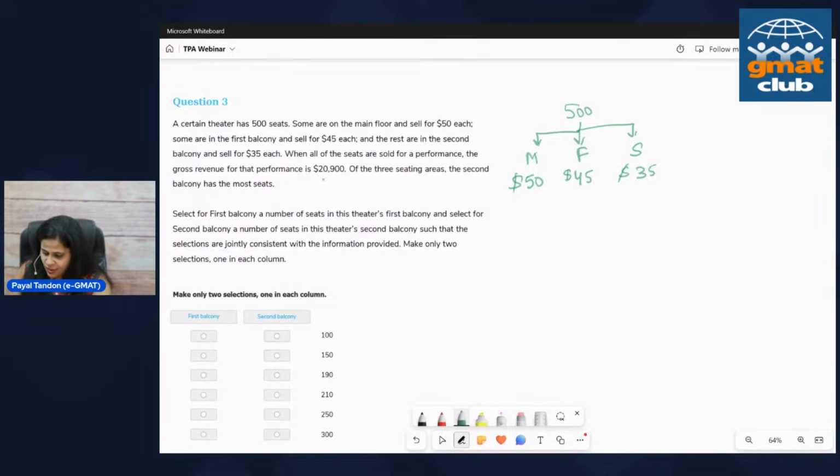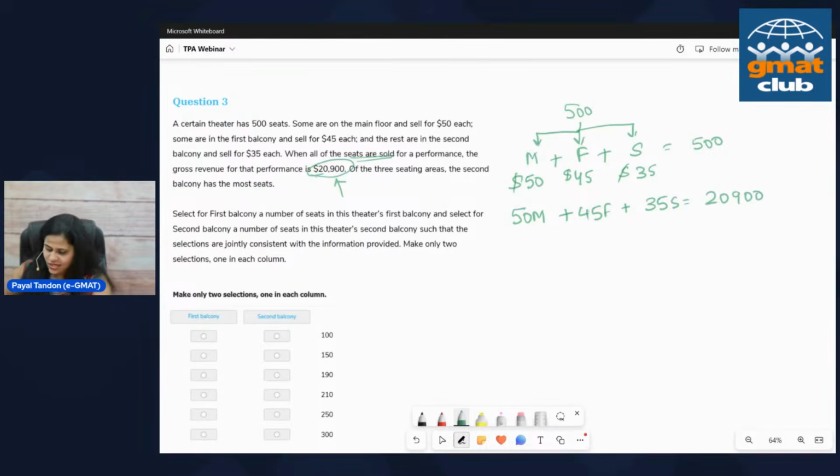Now, you also know that when all the seats were sold, the revenue was 20,900. Now you also know that m plus f plus s is equal to 500. So utilize your notes in that manner, right? And then you can formulate your equation as 50m plus 45f plus 35s is equal to 20900.